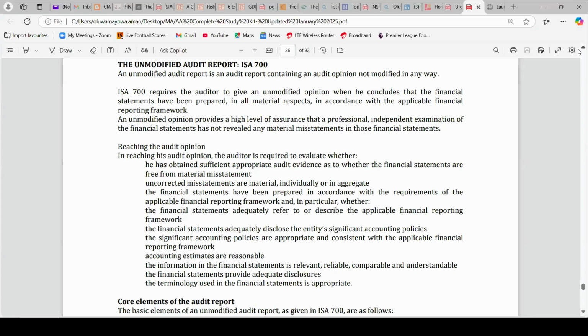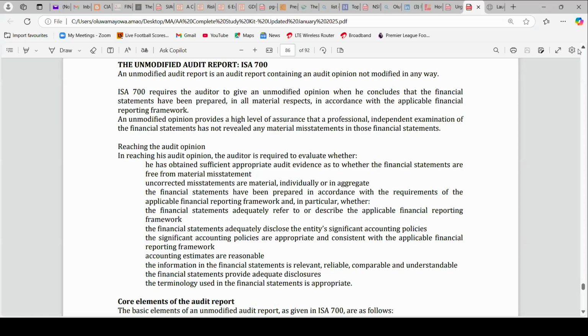There is no modification. The level of assurance of an unmodified report is a high level of assurance.